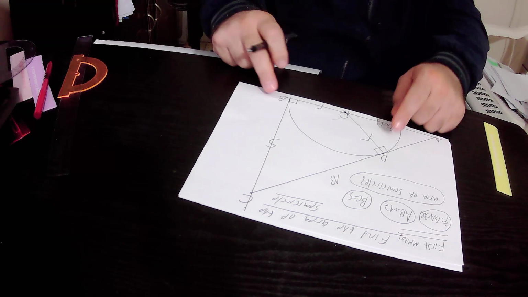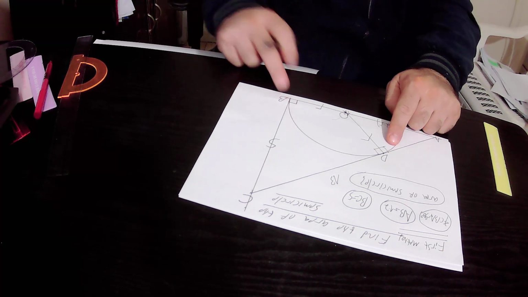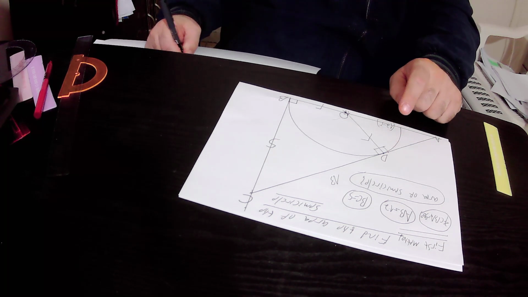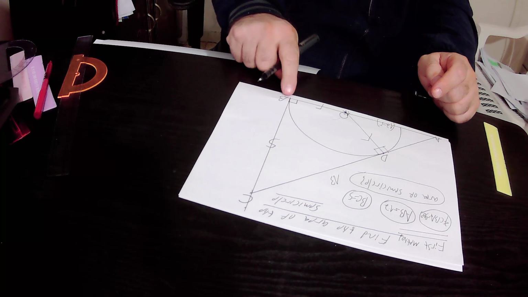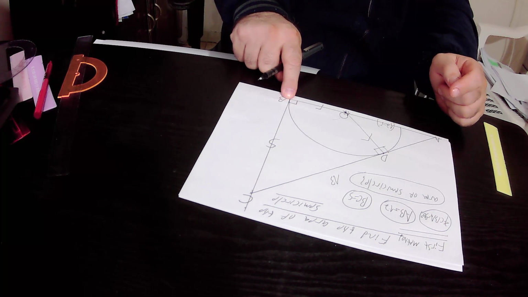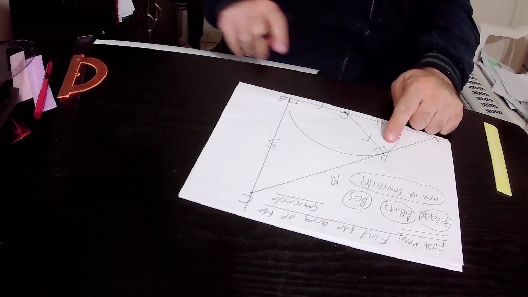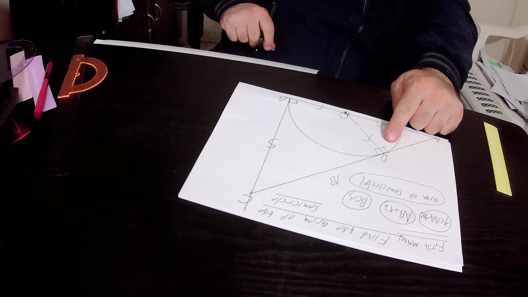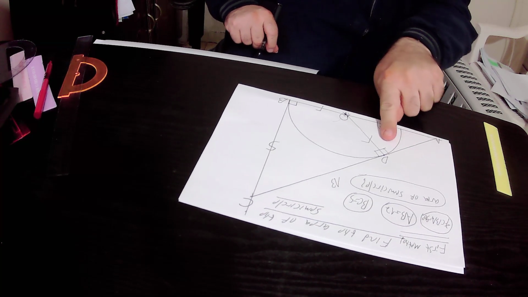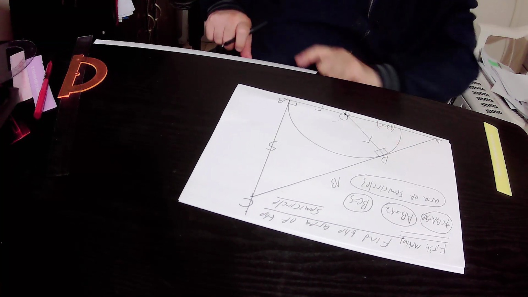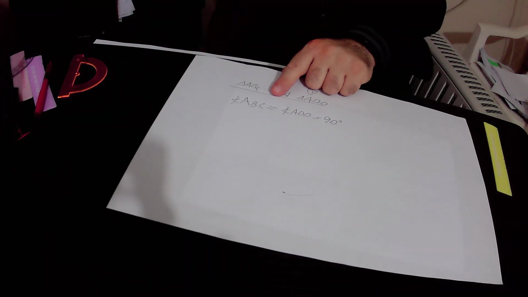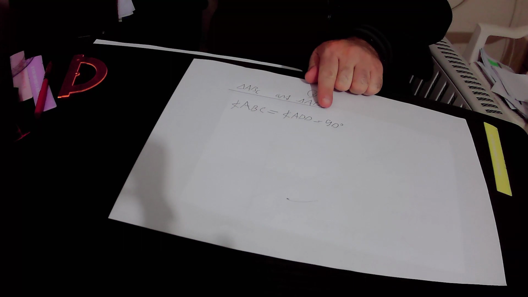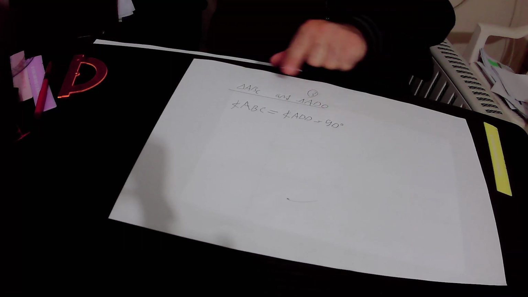Both those two angles are right angles, they are both equal to 90 degrees. This angle is a right angle, it is given in the question, and we proved according to rule number 1 that angle ADO is also a right angle. So we found out that angle ABC equals angle ADO, and they are both equal to 90 degrees.